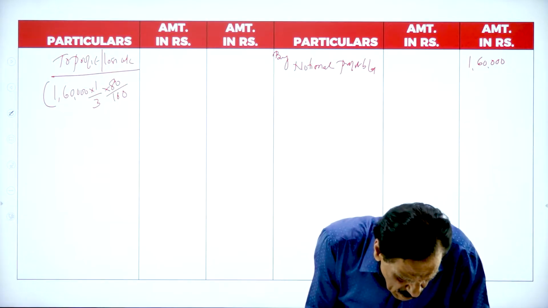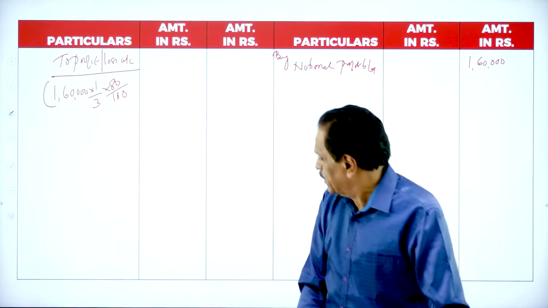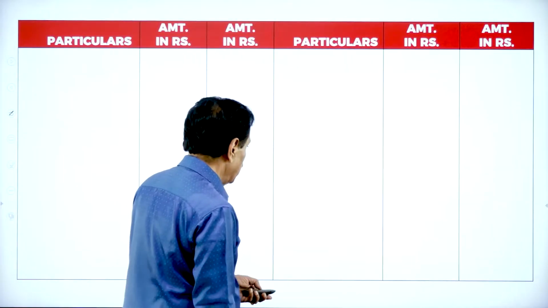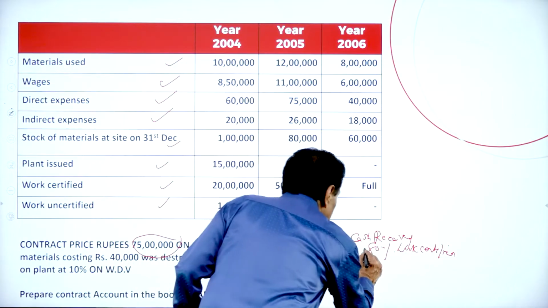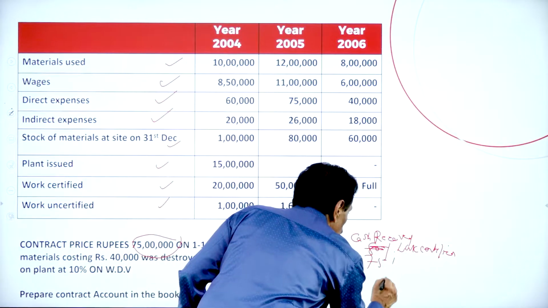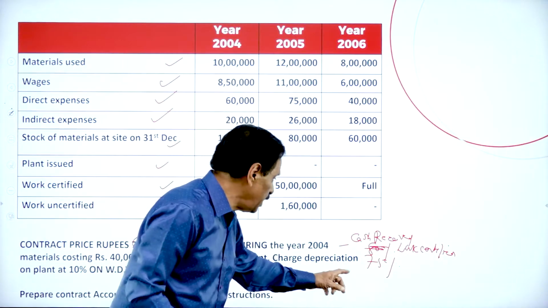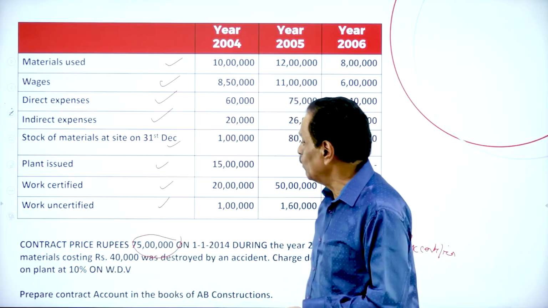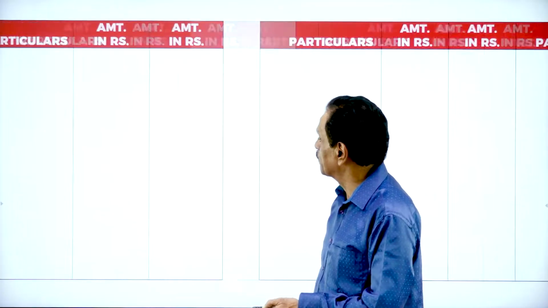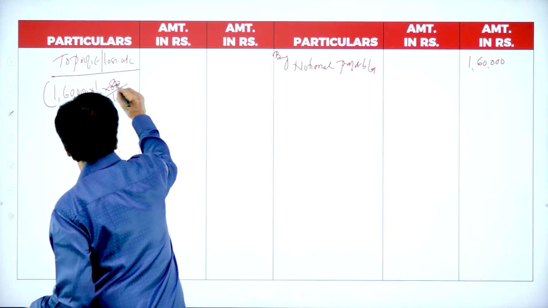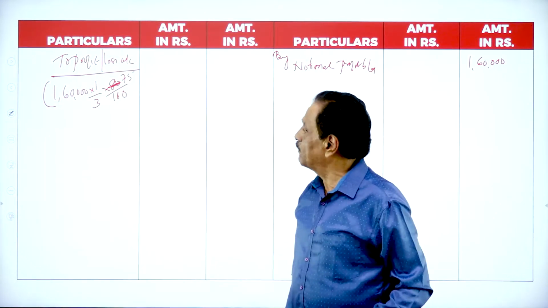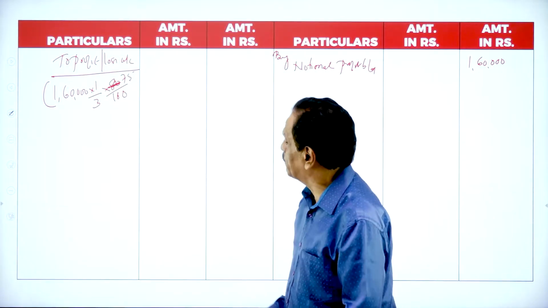1,60,000 into 1 by 3. Here, 75% of work certified. Cash received, 75% of work certified.